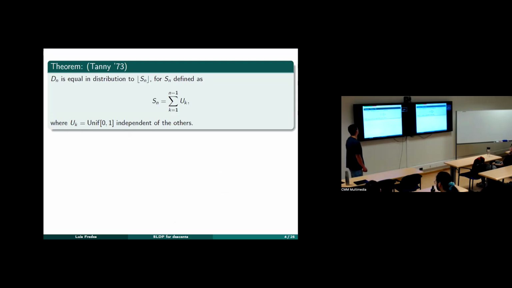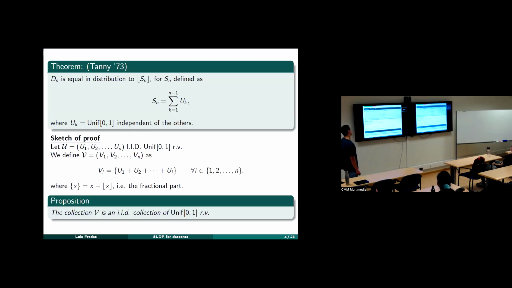First, this is just to give an insight of what is happening. Tanny proved that the number of total descents in a permutation of size n is equal in distribution to the integer part of Sn, which is a sum of IID uniform 0,1 random variables. I will give you an idea of the proof. If I have a family of uniform 0,1 random variables, I could define another family as the fractional part of the cumulative sum of these uniform random variables, taken from the beginning.